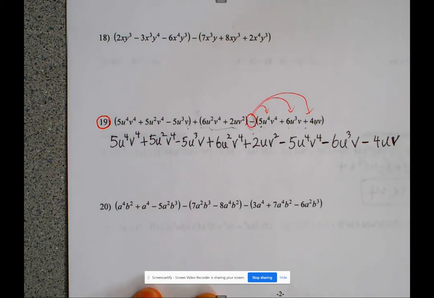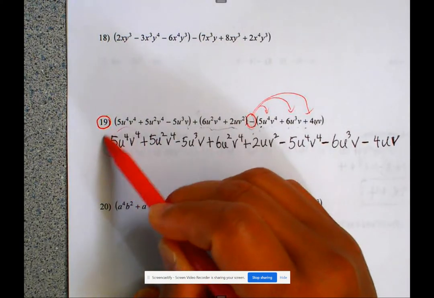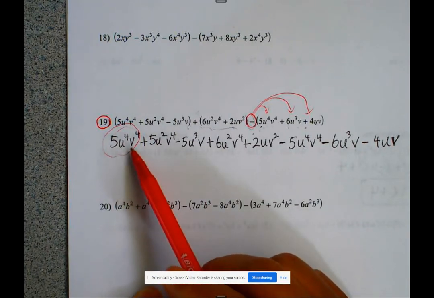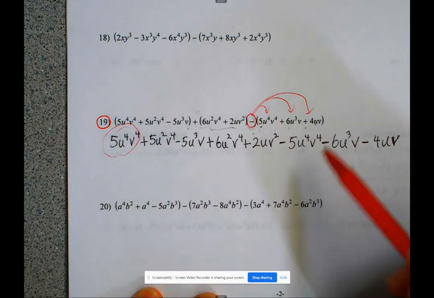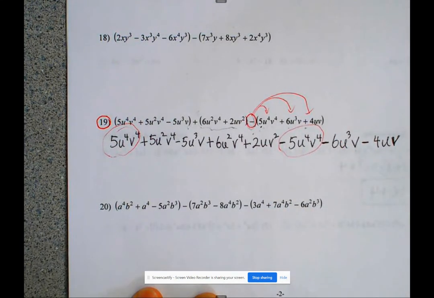Can someone help me with which ones to combine? Anybody? Yeah, 5u to the fourth, v to the fourth. Sure, very good. And then negative 5u to the fourth, v to the fourth. Thank you. All right, so what happens with those two? Cancel out. Yeah, they cancel each other out.